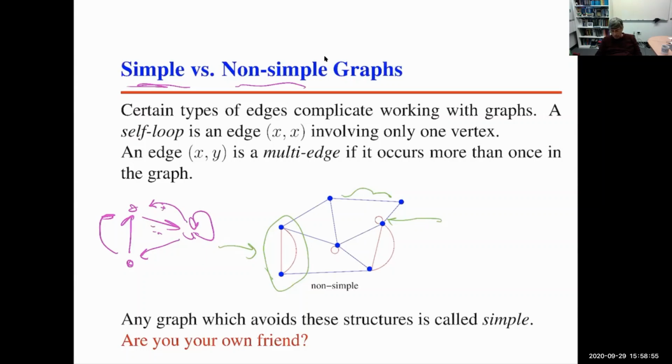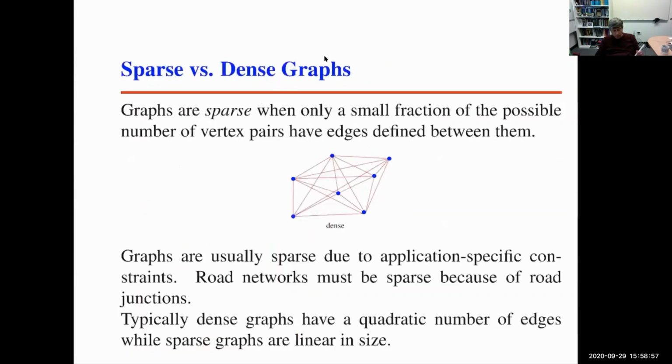Okay, good. Another distinction between networks is whether they are sparse or they are dense. A graph is sparse if only a small fraction of the possible edges are defined between them.